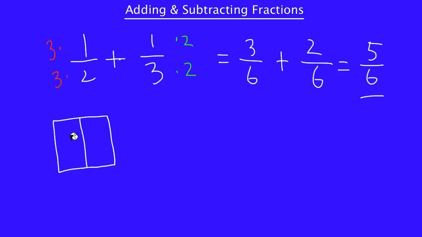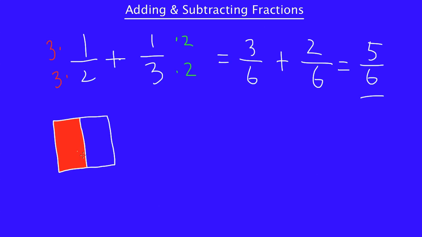So if we have 1/2 of this square, we can see that that red portion there is 1/2 of this one whole square. Now, what we have to do next is visualize how we add a third to that.